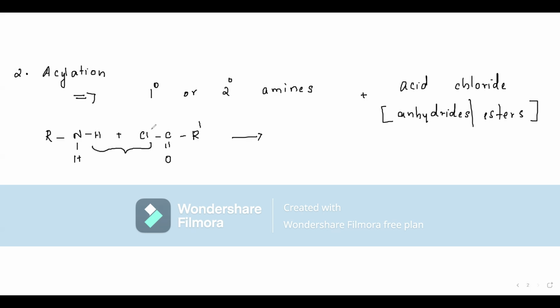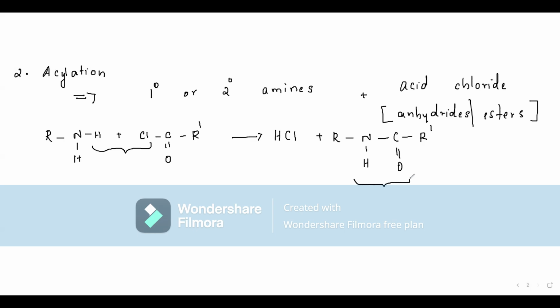Just remove the H and the Cl. H of amine and Cl of the acid chloride. So your product here is HCl plus. What is remaining there? RNH. That N is connected to a CO group and C is connected to R dash.